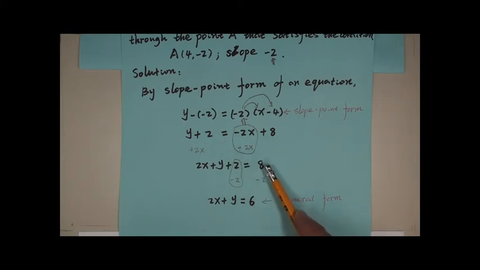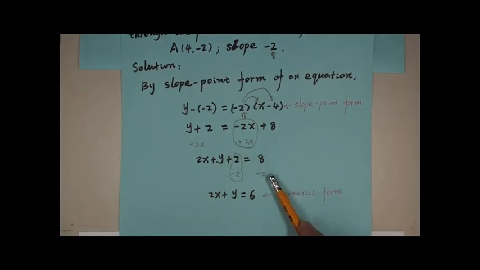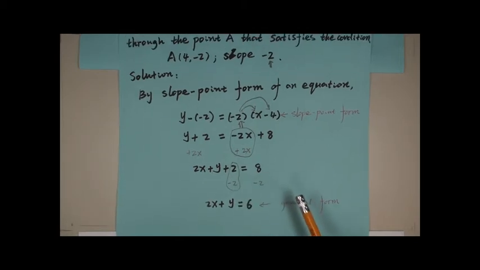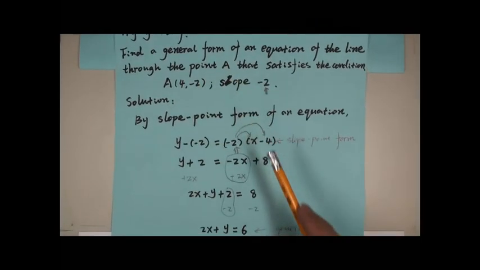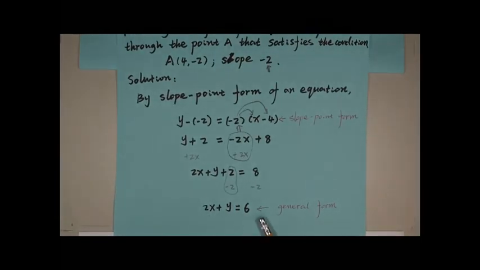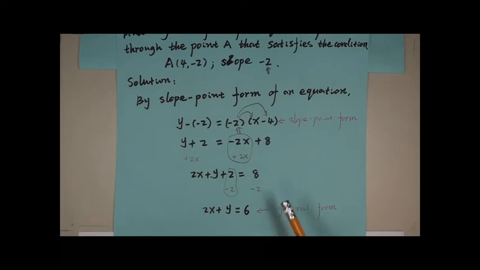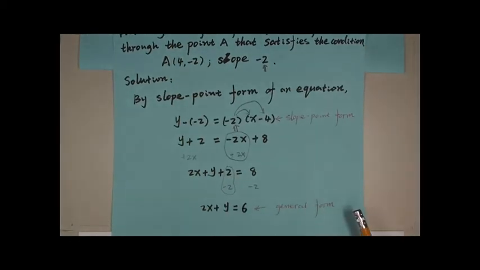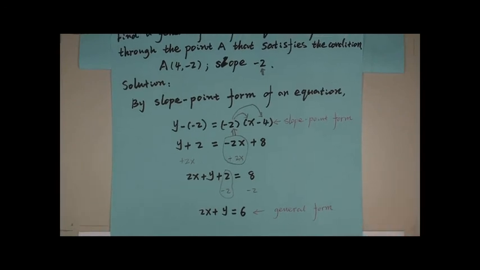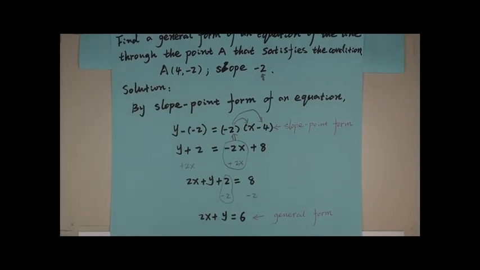Right hand side is 8 plus -2 is 6. This is general form. The question requires us to find out general form. Now we have found it. So you may try this one yourself. Actually, I did it for you. I'll see you next time in the lecture.